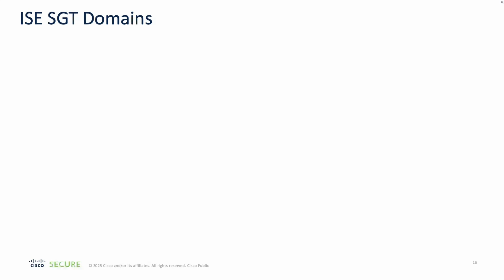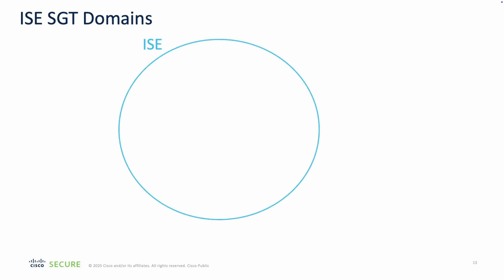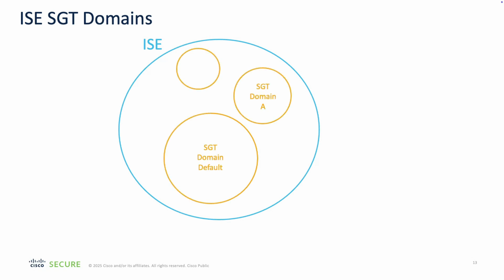And the way we do this is we create spaces within ISE to put these bindings. And these spaces are called SGT domains. So I just wanted to explain a little bit about SGT domains so that the configuration that's coming up makes sense. So in ISE then, we have these spaces or SGT domains which hold these IP to group bindings.